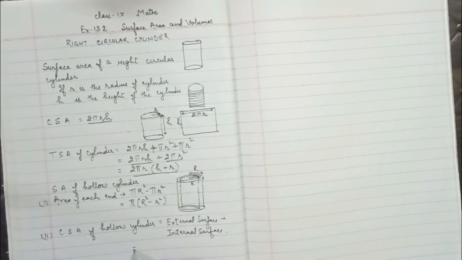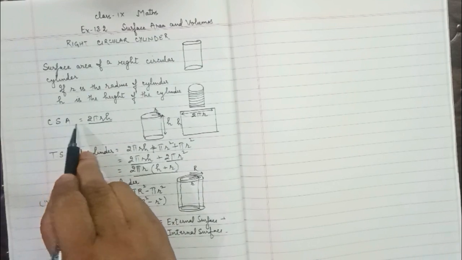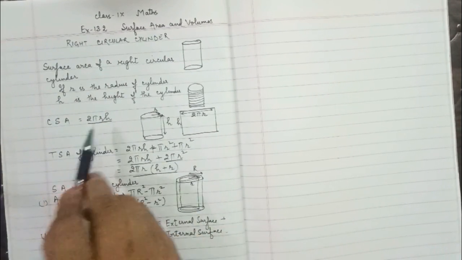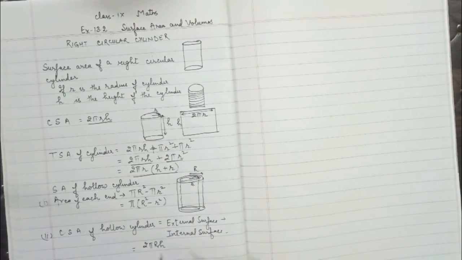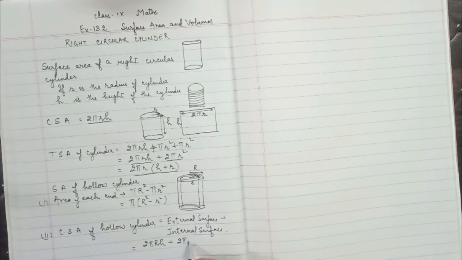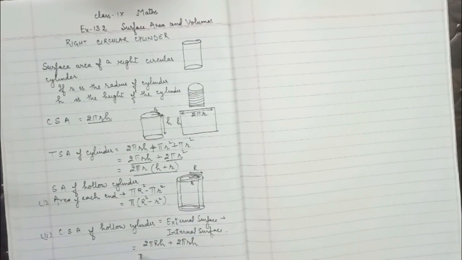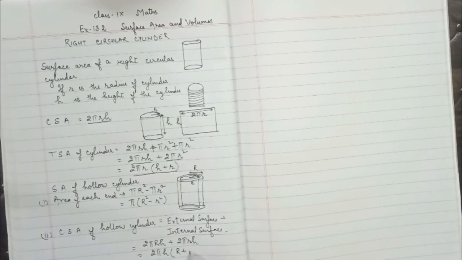External surface will be given by 2 pi R H, the CSA, where we use capital R, and the internal surface will be 2 pi small r h. What is common? 2 pi h is common. We are left with R plus r.